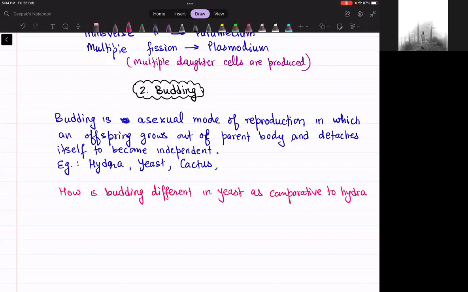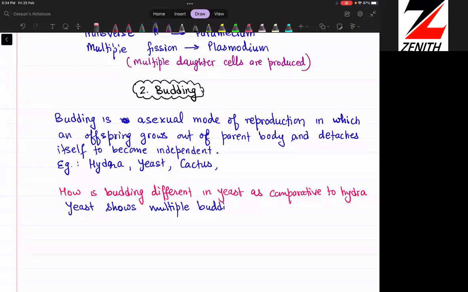Sir, budding in yeast takes place very rapidly, so it forms a kind of chain. Yeast, very good. Yeast shows multiple budding or chain budding.